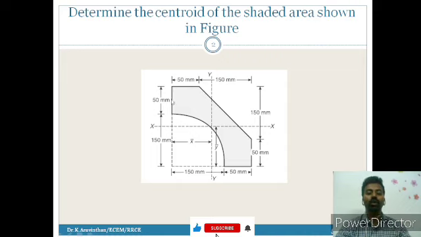The overall shape is 200 mm by 200 mm. This is a square which you have to imagine. Within the square you have to eliminate two shapes. What are they? The right angle triangle and a quarter circle. If you remove these from the square, then you can make up the shape which is inside this component. So by this concept, let us solve it to identify the centroid.